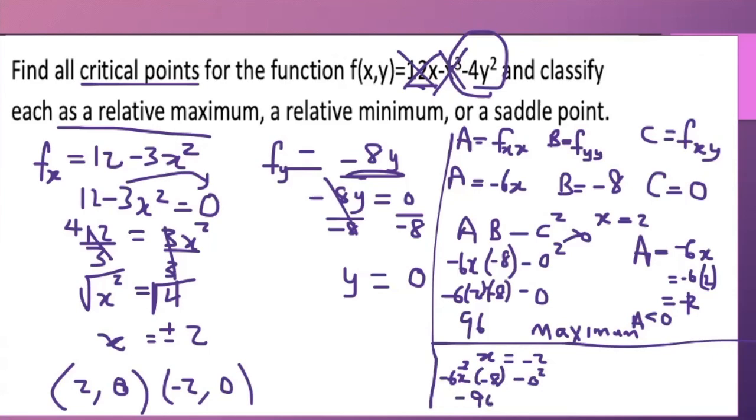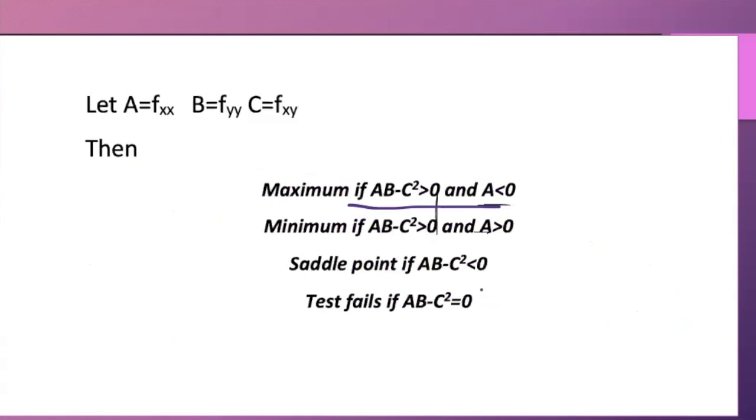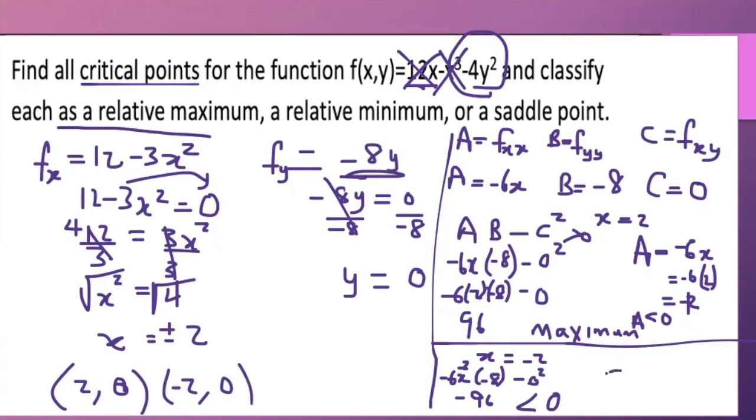Now, when I have a negative number here, it's telling me that I will have a saddle point. It's a saddle point because it's less than 0. So we don't even have to go any further because once we have it being less than 0 for this part, that's it. We know it's a saddle point. So remember, I substituted A to be minus 6x, B to be minus 8, and C to be 0.